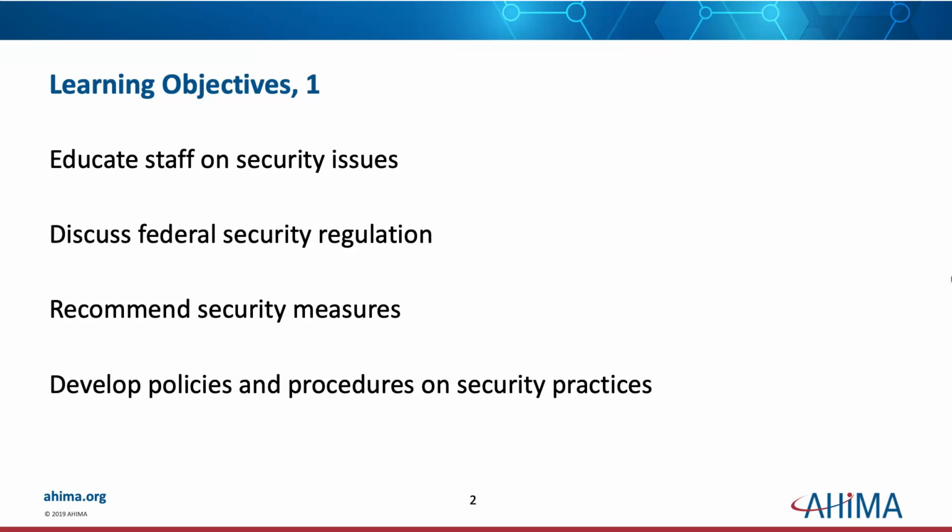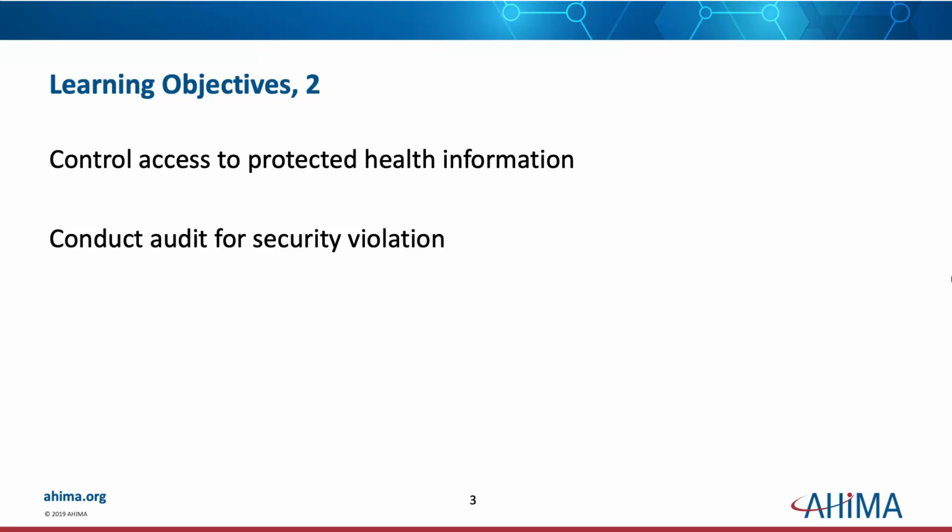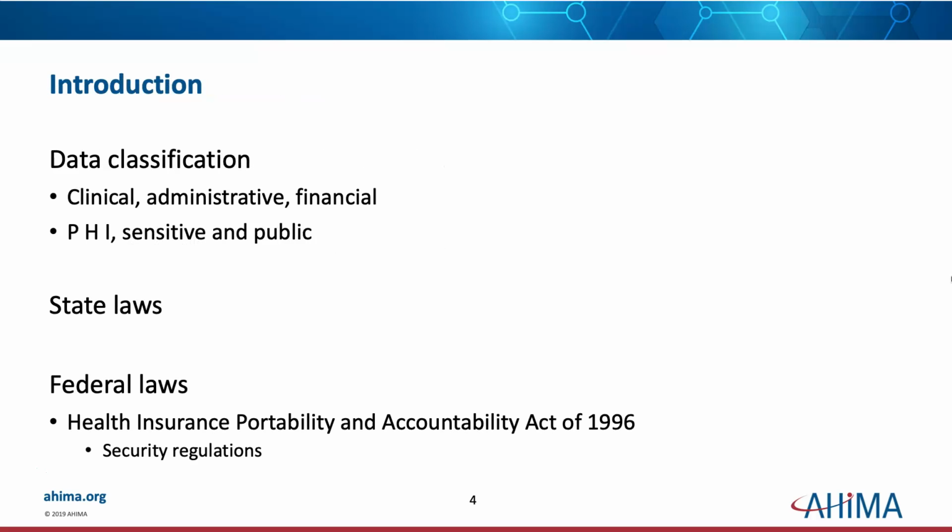Our learning objectives, according to the textbook, are to be about educating staff on security issues, discussing federal security regulations, recommending security measures, developing policies and procedures on security practices, controlling access to protected health information, or PHI, and conducting audits for security violations. And so we are on to the introduction.